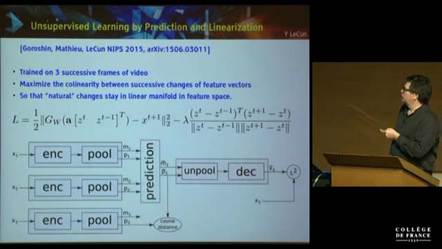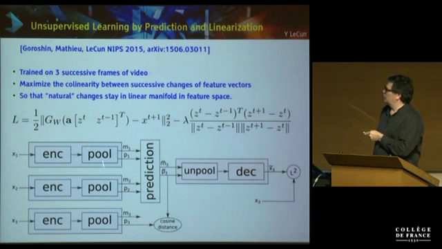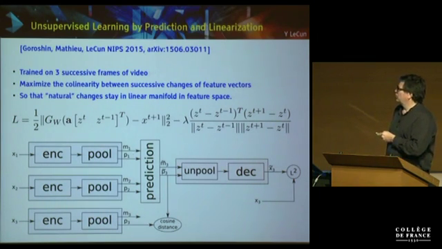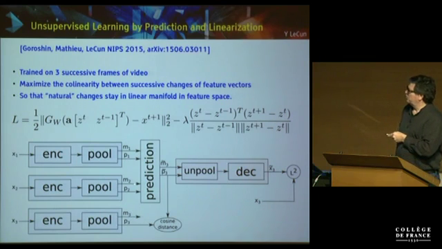We can try to play predictive games where we say that we'll take 3 video frames and we will try to predict the representation of where and what from the where and whats of 2 frames. You have 2 frames and you predict this for the 3rd frame. And the what, or the content, of the 3rd frame is assumed to be the average of the previous frames.